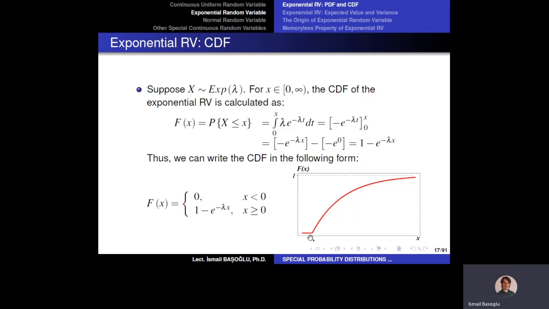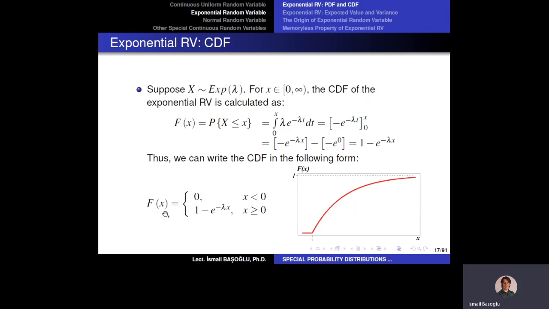And at 0, obviously, it is going to be 0 because the total area on the left-hand side of the PDF at that point is simply 0. And according to this function, it is going to increase to 1. Okay, this is the CDF, the cumulative distribution function of the exponential distribution, and this is the explicit form of it. So the CDF simply is equal to 0 if x is less than 0. And for non-negative values, it is computed as 1 minus e to the power minus lambda x.